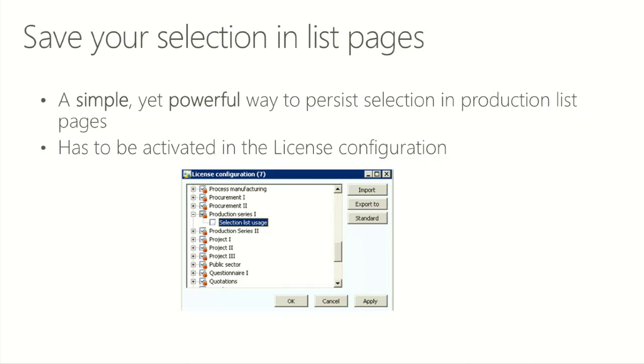If you don't have this, you don't see it at all. So this is the place to go and enable this functionality. And I'll get back to it, but for now, it's just available on the planned orders, but it could be used anywhere in AX. There's a blog about how you can enable this on other list pages as well.